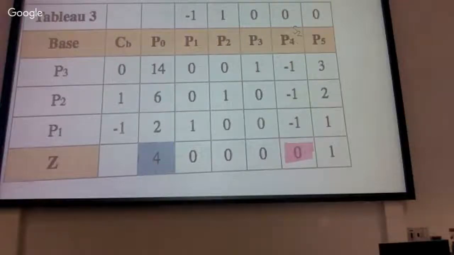The pivot element always has to be positive. You can't take 0 or a negative number as your pivot element. And so you can't pivot here. So it indicates that something different is going on to what we were doing last week.